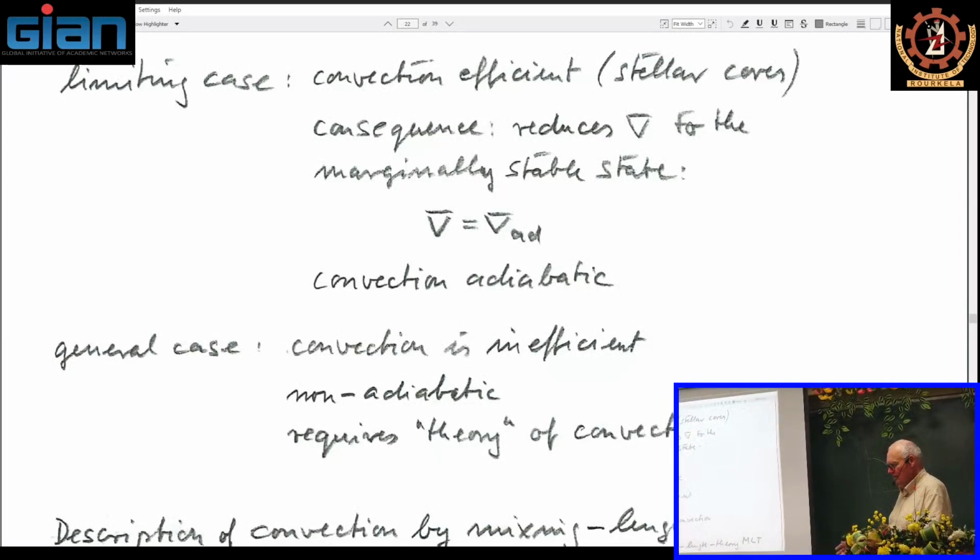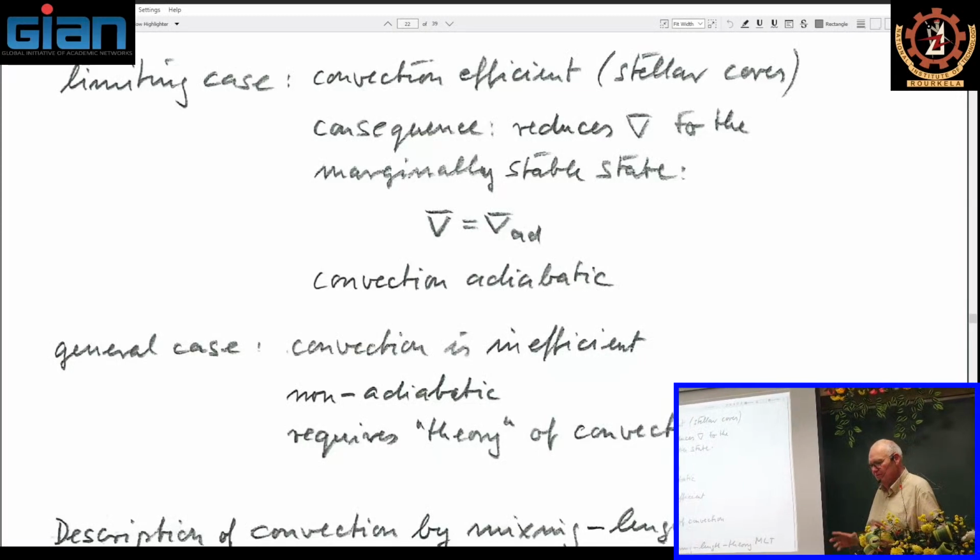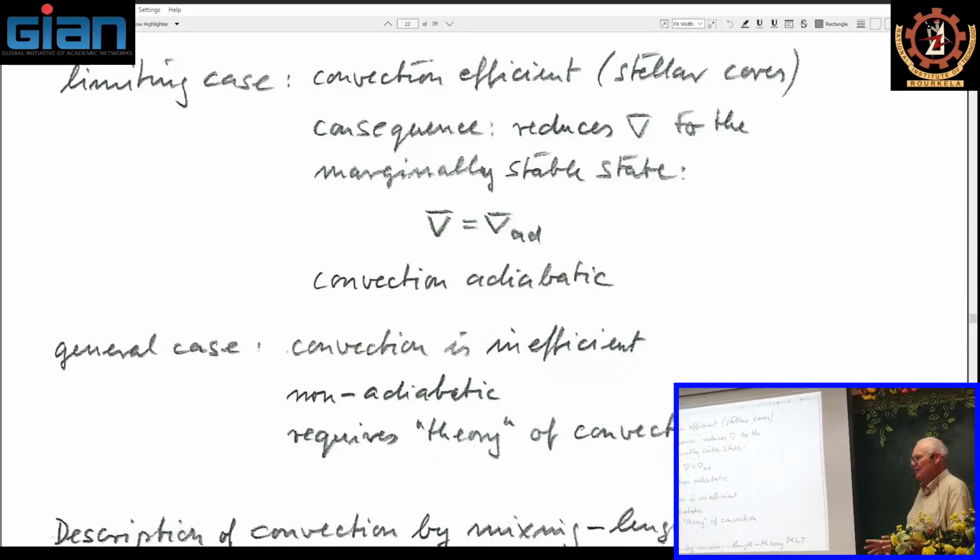It's not really a theory. There are many separate assumptions which are physically plausible, but which cannot be regarded as a real theory. It's called mixing length theory because the parameter in this theory is the typical mean free path of a convective element, which is taken to be of the order of the dimension of a convective element.